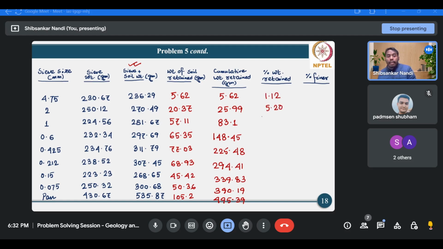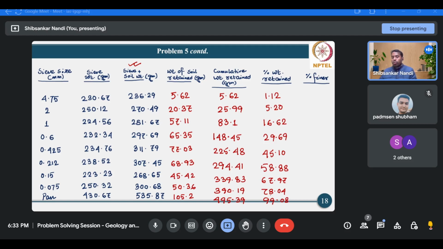So I am writing the other values here, so please cross check these values. 16.62, this is for 1 mm sieve size, then 29.69, then 45.10, 58.88, 67.97, 78.04, and 99.08.